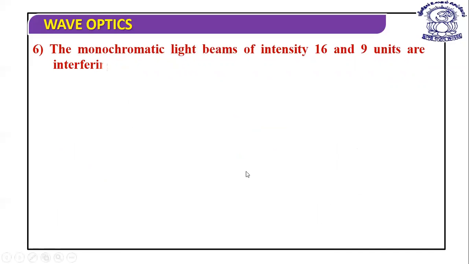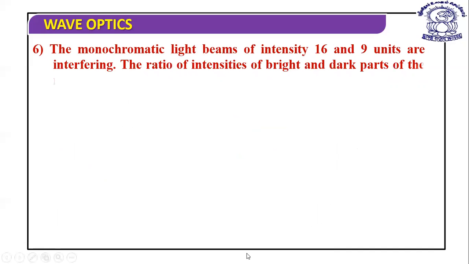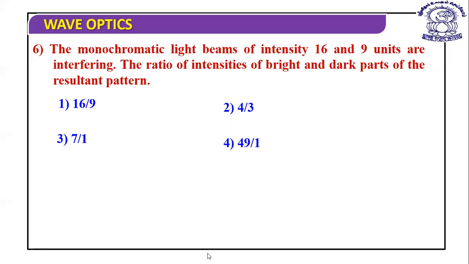The next question. Using monochromatic light, beams of intensity 16 and 9 units are interfering. The ratio of intensities of bright and dark parts of the interference pattern is? Here it is given that I1 by I2 is 16 by 9.